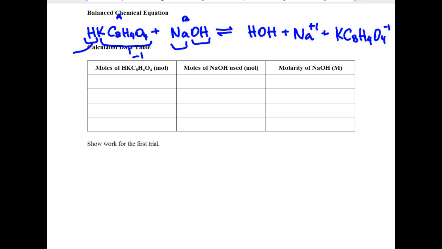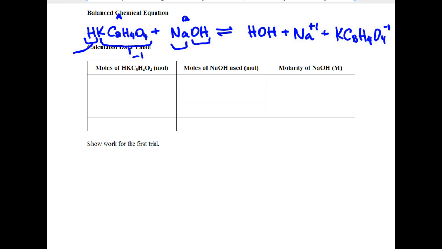Now we wouldn't necessarily put the Na +1 and the KC8H4O4 -1 together because they're ions. So when they're in water, as they are in this case, they're actually in their ionic forms and not completely together. So that's the reason why it is that way. So that is the balanced chemical equation that you have for it.